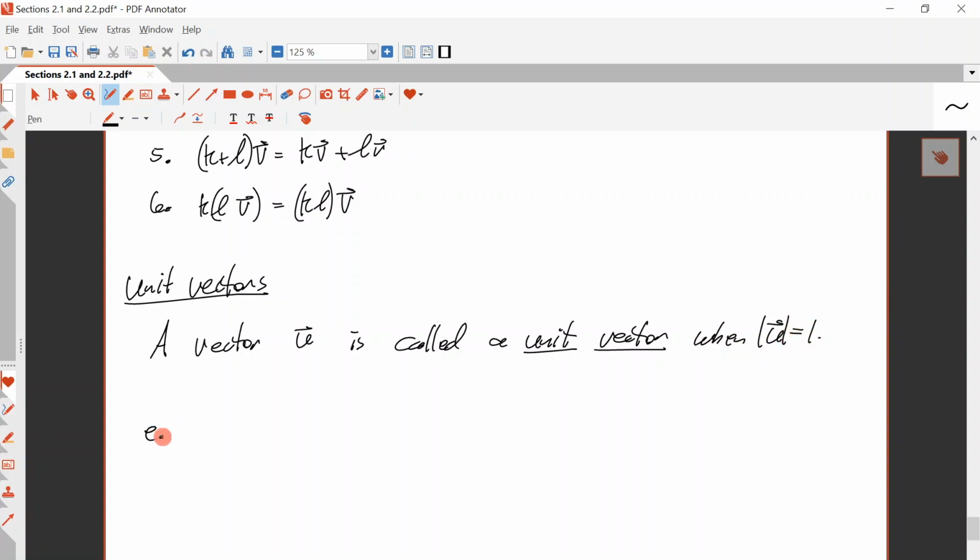Right? So, for example, the vector i hat is equal to (1, 0) in 2 dimensions, and the vector j hat is equal to the vector (0, 1). Both are unit vectors.